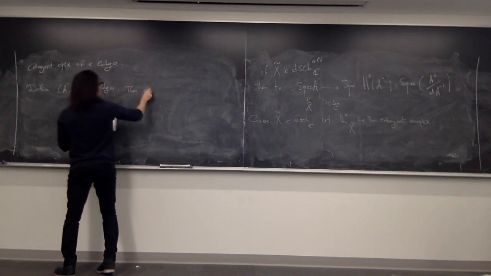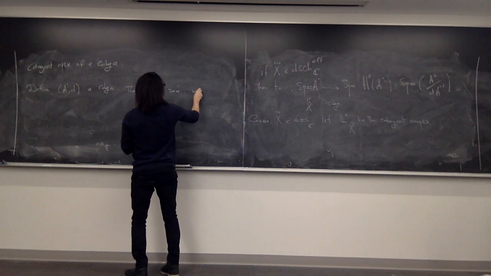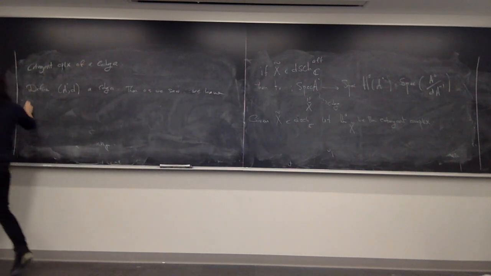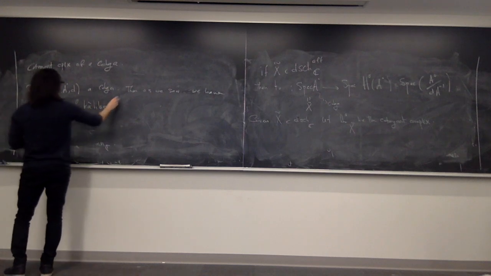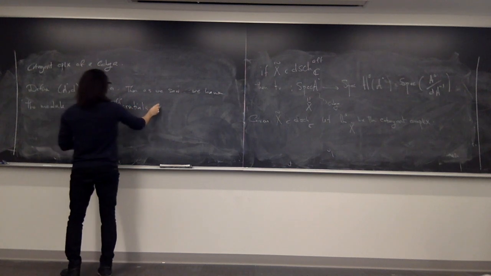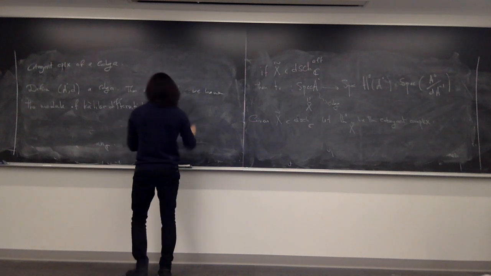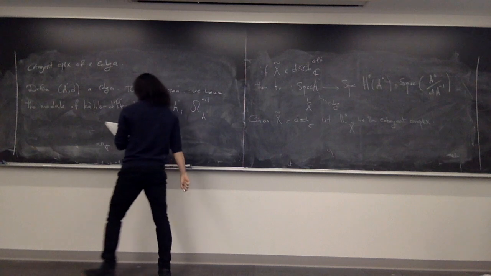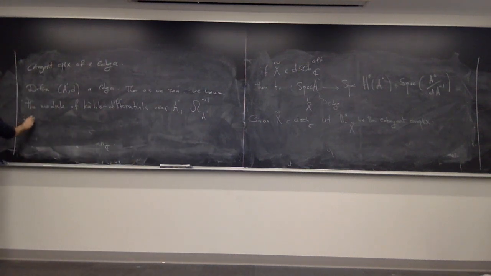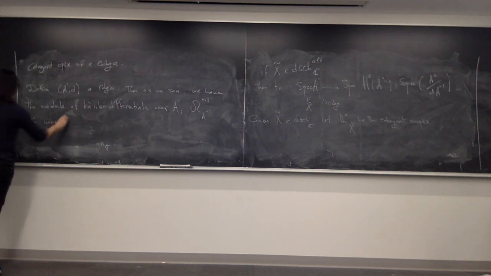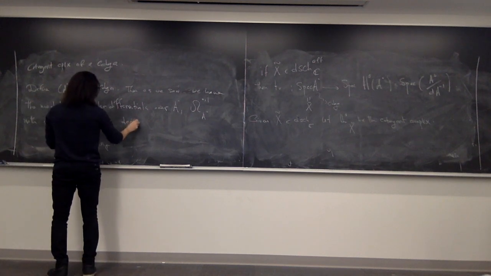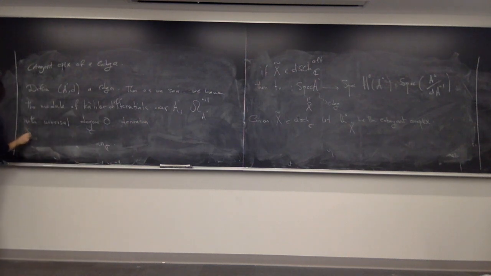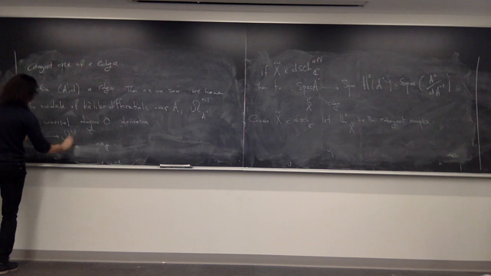Then, as we saw, we have the module of Kähler differentials over A dot, which we called omega dot 1 A dot, with the universal degree zero derivation delta from A dot to omega dot 1 over A dot.